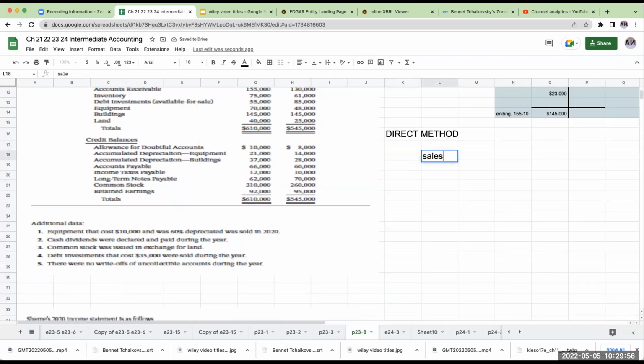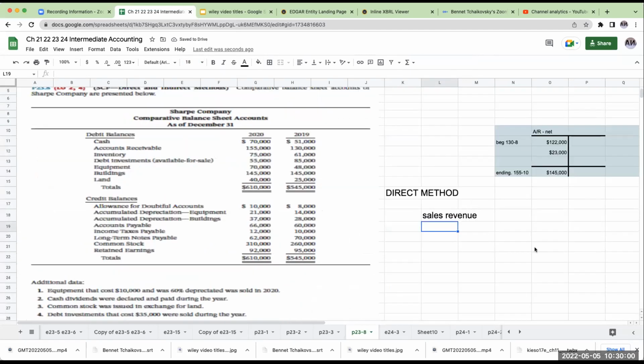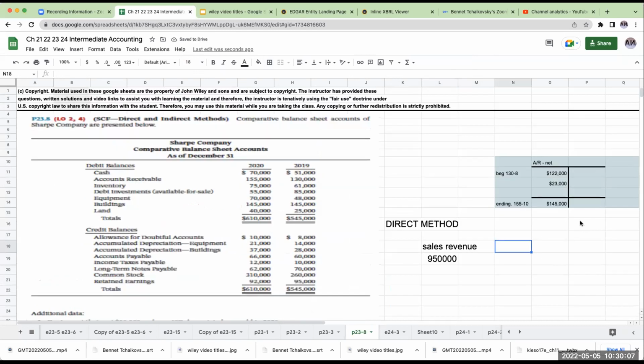My sales revenue was 950,000. Let's take a look at AR net. My AR is going up, so I'm not actually collecting that cash. So I'm going to say less AR net increase. Over here, I'm going to show that as a negative amount, and this is cash from sales.